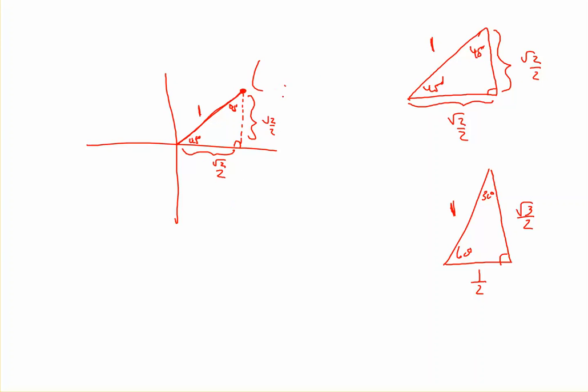So what are my coordinates? Obviously, square root of 2 over 2 and square root of 2 over 2. Do I have everything I need to give me all the 6 trig functions? Absolutely. I know my r value, I know my x, and my y. There's all my trig functions.